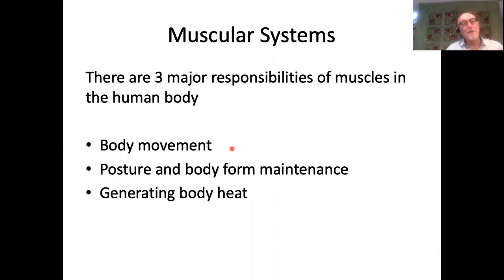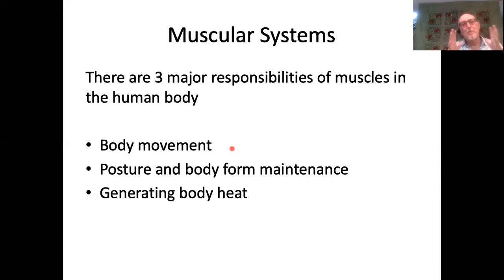There's a third responsibility which you may not have thought of. We maintain a constant body temperature around 37 degrees Celsius. And a tremendous amount of the heat that we generate in our bodies is generated by our muscles, by muscle movement. And in actual fact, muscles are always slightly contracted. There's always some slight activity going on in muscles.